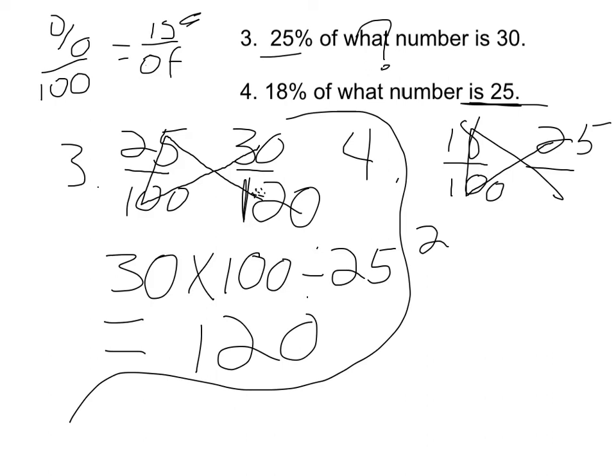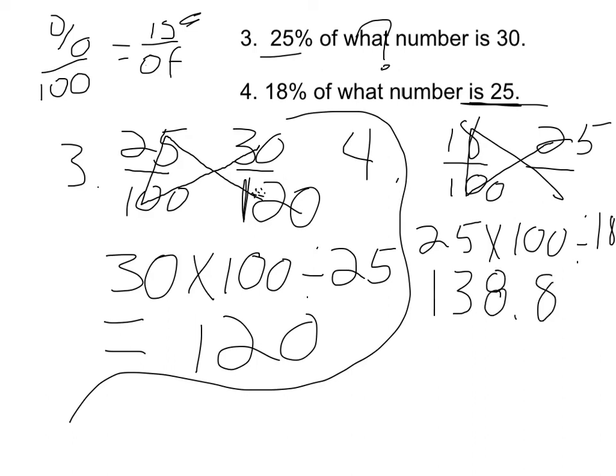So I've got 25 times 100 divided by 18 equals 138.8. So 18% of what number is 25? Well, my what number is about 138. That was the missing number.